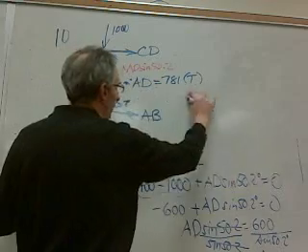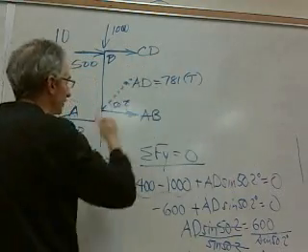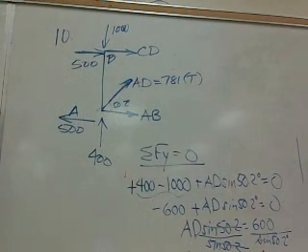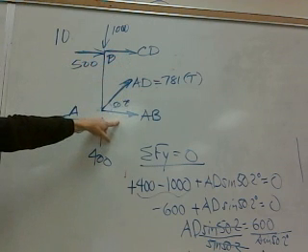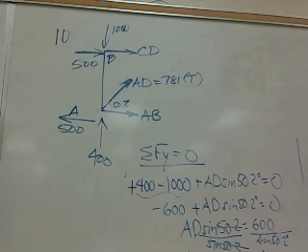We'll erase these components. Although they're still there, I'm going to erase them just to clean this up a little bit. So now, what do I want to do? I still have CD left and AB left. What would you say I might want to do right now?